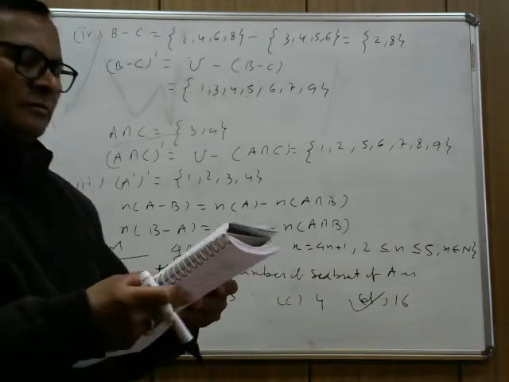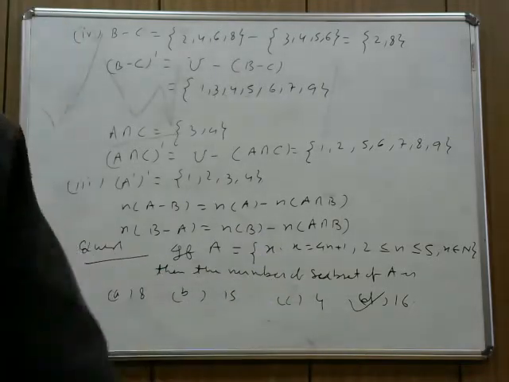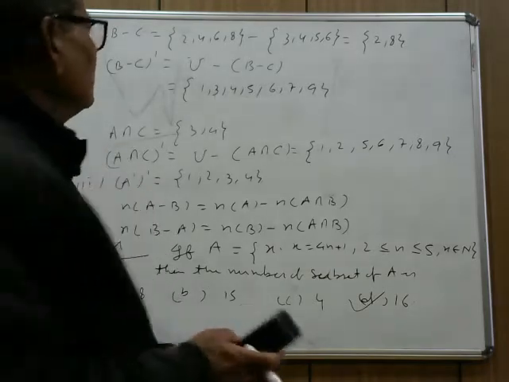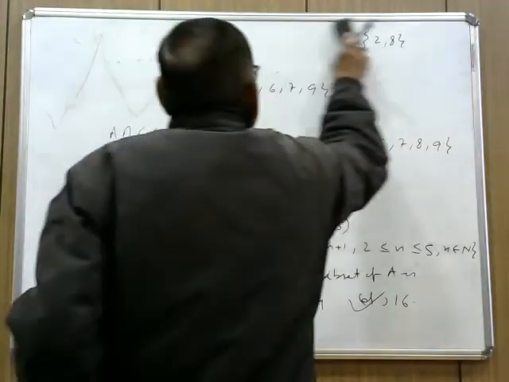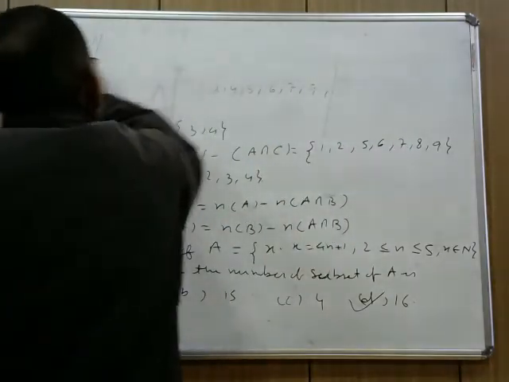Now, if A and B are two sets, then prove the property of commutative law for union and intersection both.